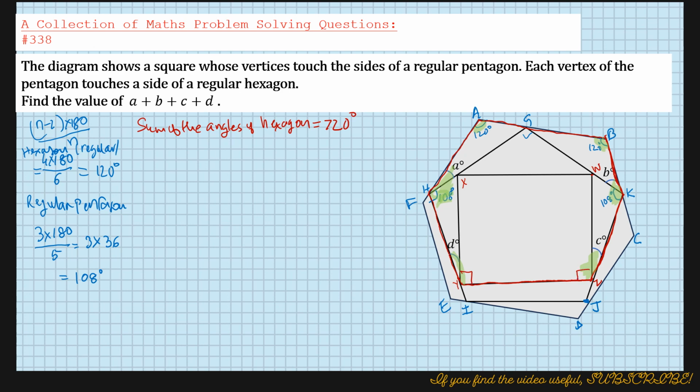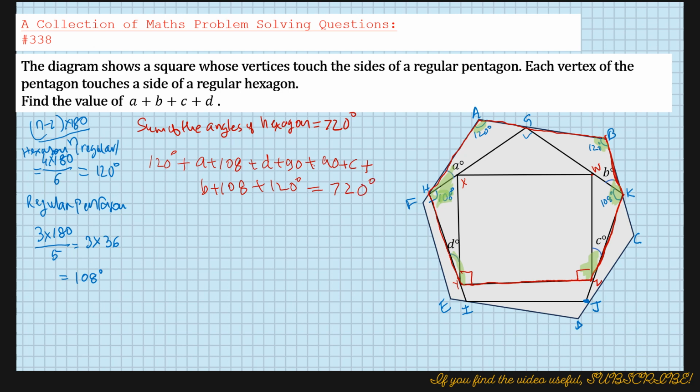So it's 90 plus D. So I can write 120 degrees plus A plus 108, plus D plus 90, plus 90 plus C, plus B plus 108, plus 120 would equal 720 degrees.